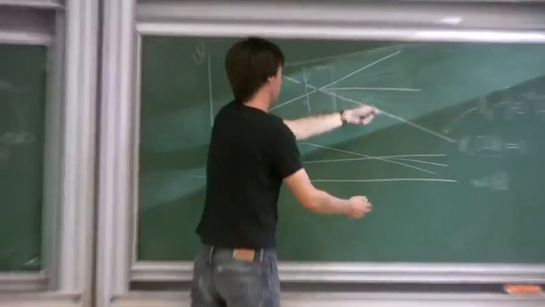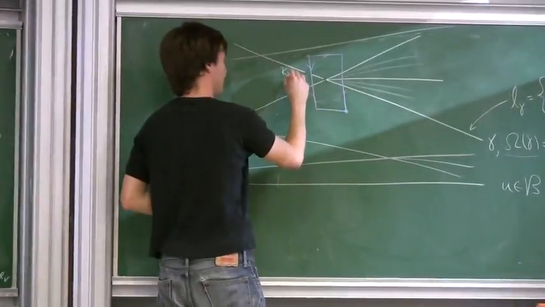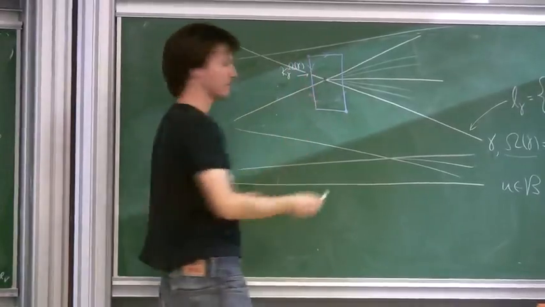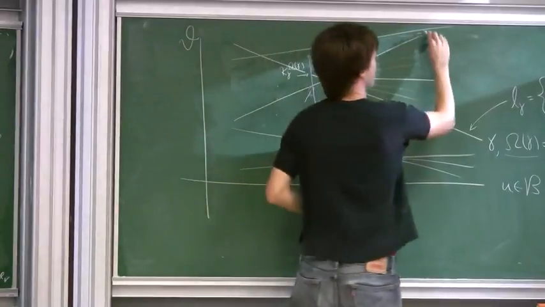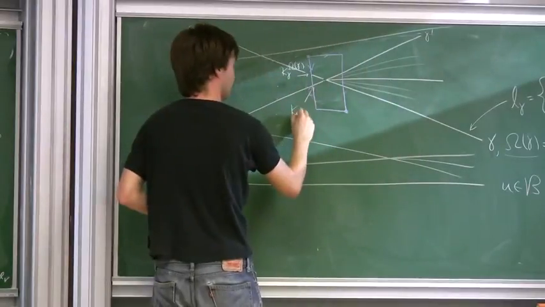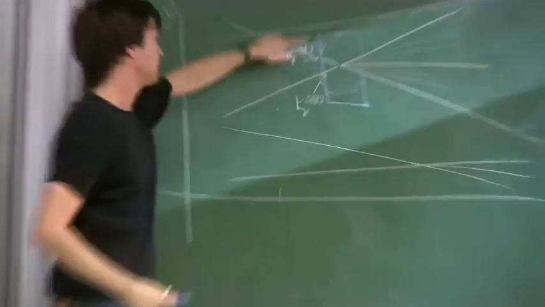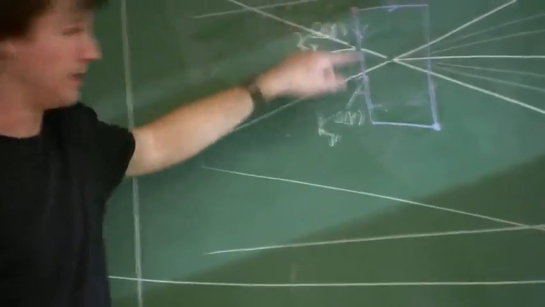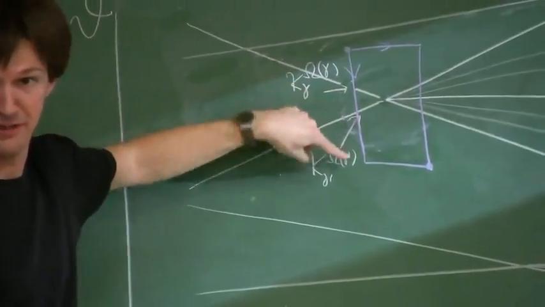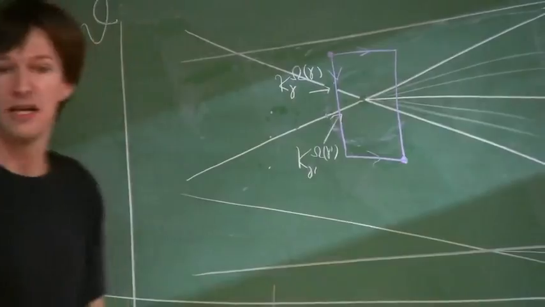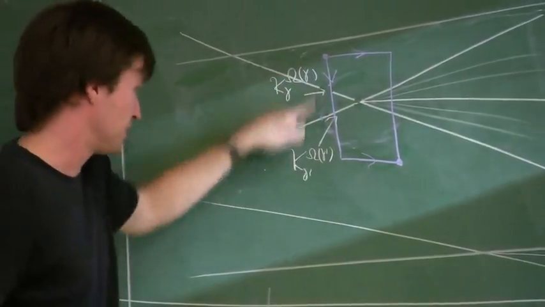This one was some omega, so I take the automorphism K gamma to the power omega of gamma at this moment. Then here, this one's labeled by some gamma prime, but I take the automorphism K gamma prime to the omega of gamma prime. And so on. I just travel along this path, taking the product of all the automorphisms that I need. Having done that, I arrive at this final point. That gives me some composite automorphism, some complicated automorphism of this algebra.